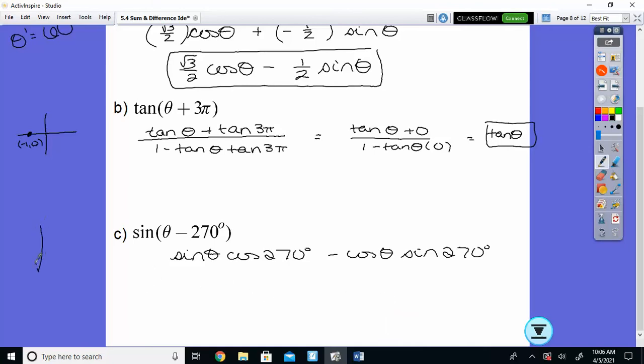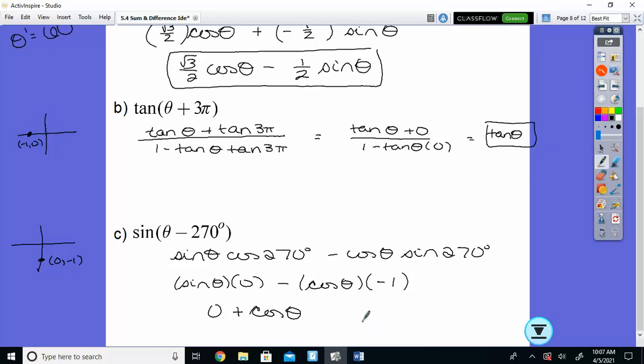Okay, 270, we know it's here, that's the point 0, -1. Cosine is the x value, so cosine 270 is 0. Sine of 270 is -1. So I get 0 minus negative, so plus cosine theta. So that simplifies to cosine theta.